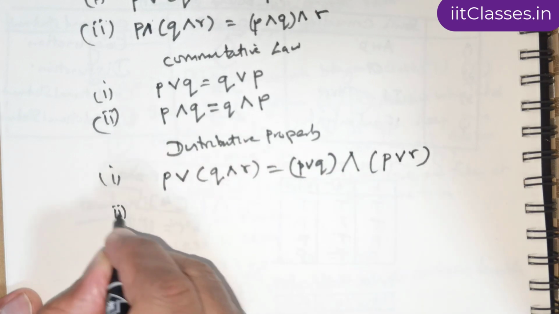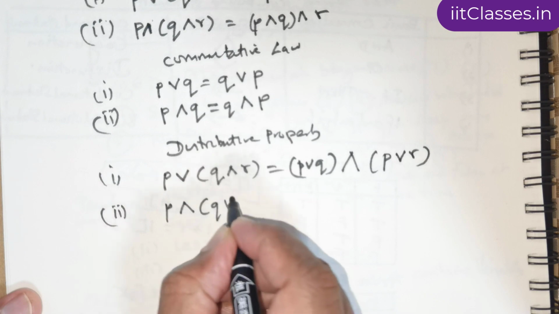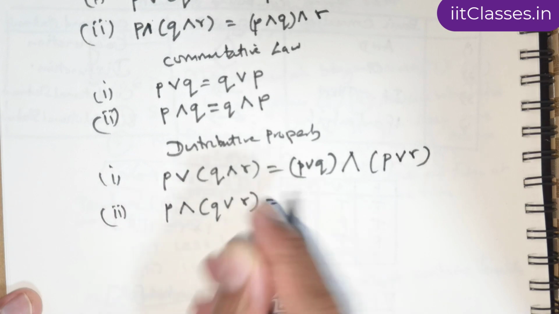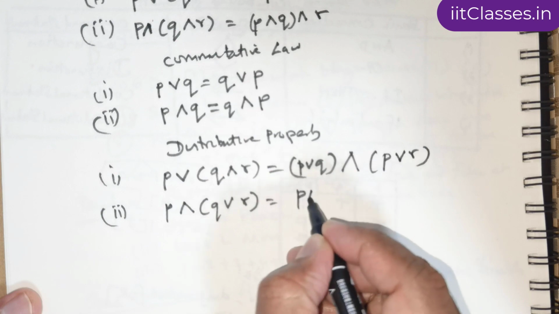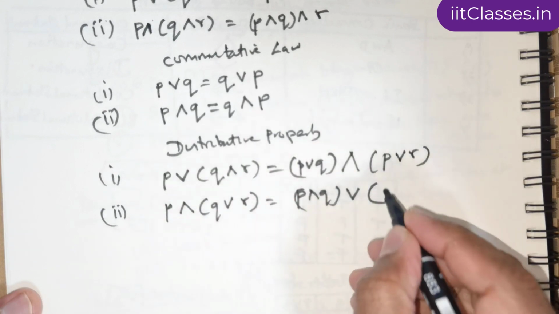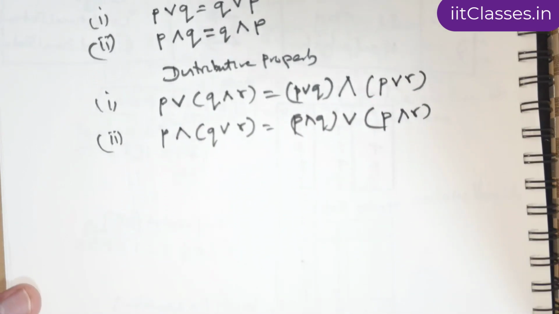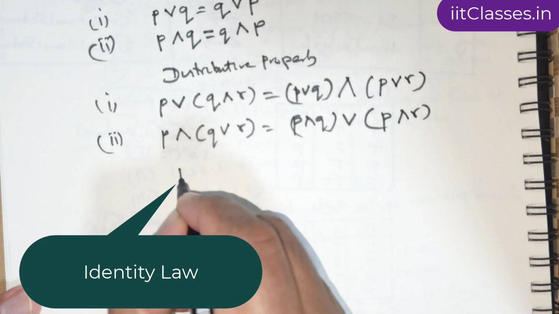Now property number 2. P conjunction of Q disjunction R is equal to P conjunction Q, you have a disjunction, and then P conjunction R. Right? That's the distributive property. Now next is identity.